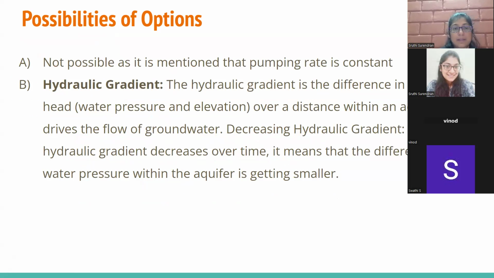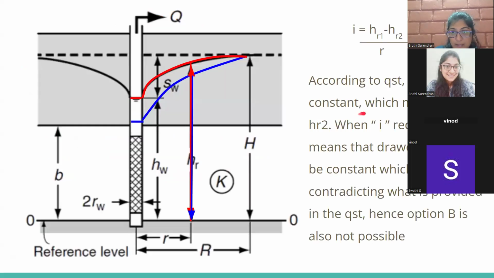And it is what is driving the flow of groundwater. Now, if the hydraulic gradient is going to decrease over time, it means that the difference is going to get smaller. So now we see that they're saying that the hydraulic gradient is going to decrease.